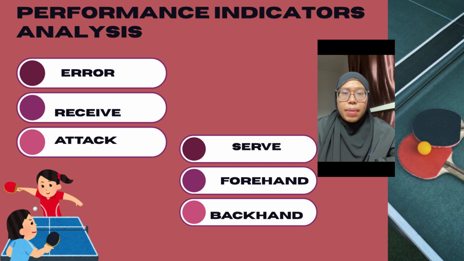And the last is backhand. Backhand analyzes the technical efficiency on the backhand side, for both defensive stability and counter-attacking. By checking these specific areas, we can pinpoint exactly where to adjust our training strategies to improve overall match performance.